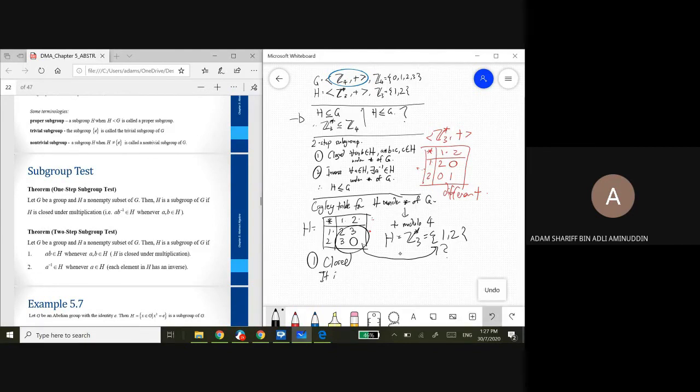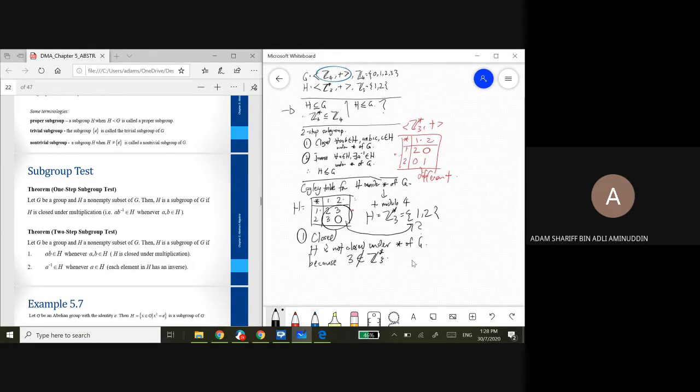H is not closed under binary operation of G because, contoh dia saya ambil, 3 is not an element of Z3 star. As simple as that. You can also take 0. 0 is not an element of Z3 star. It's still the same conclusion at the end.